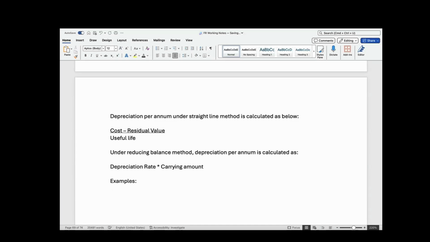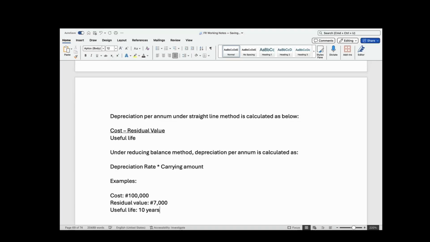So if you have an example where you are given a cost of an asset as 100,000, you're given the residual value as 7,000, and you are given the useful life as 10 years.